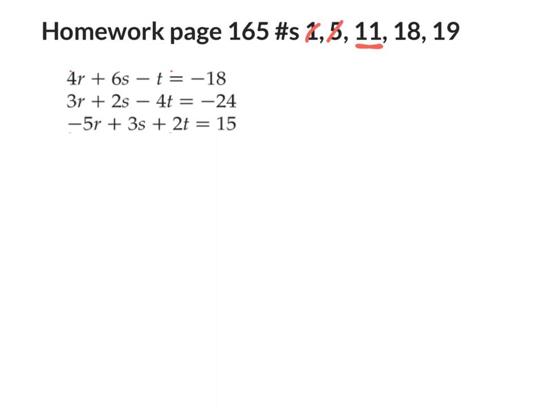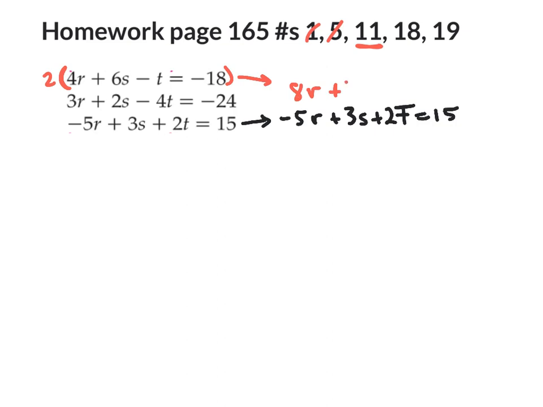I'm going to use the first one and the last one. The last one, I'm just going to rewrite it. And the top one, I'm going to modify it by multiplying it by 2, giving us 4 times 2 is 8, and it's with the r. 2 times 6 is 12 with an s. 2 times negative t is negative 2t equals 2 times negative 18 is negative 36.